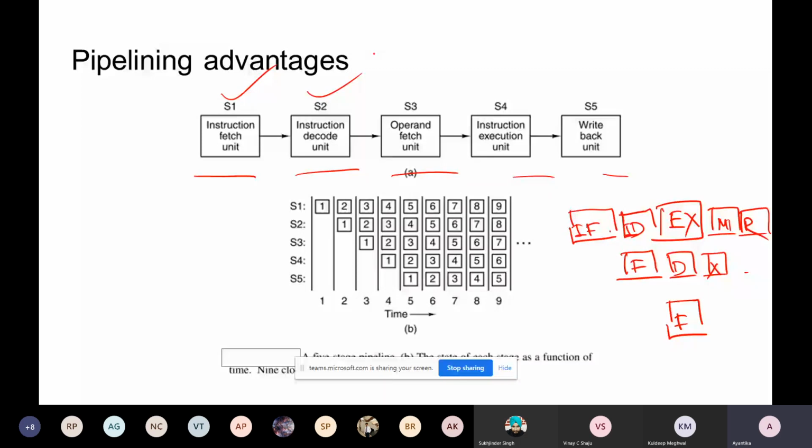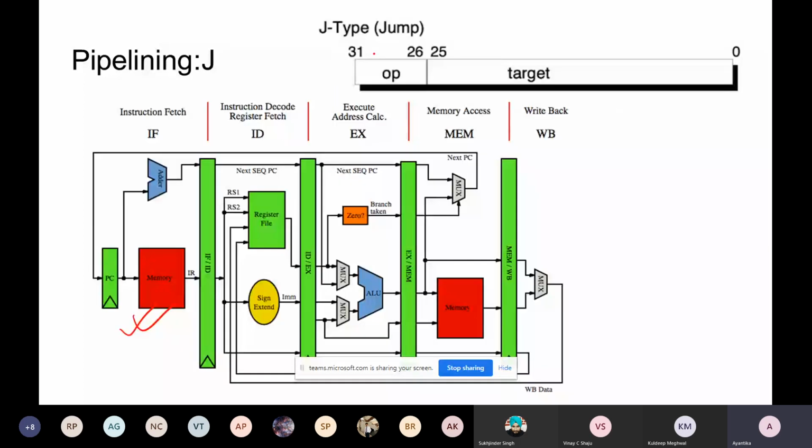But when you use this concept of pipelining, you can finish those 2 instructions in 6 cycles. So for these 2 instructions you are saving a few clock cycles. This is the basic advantage of pipelining.